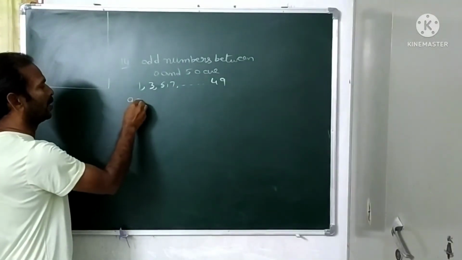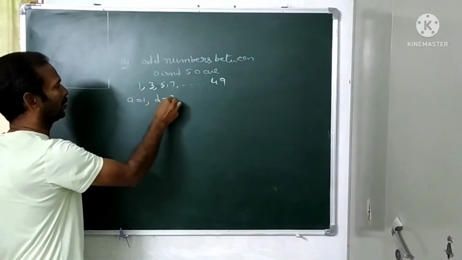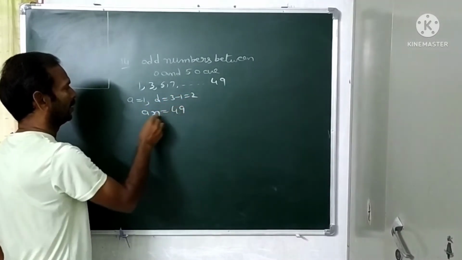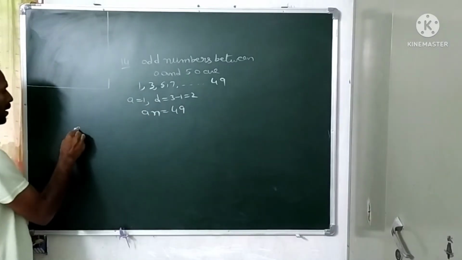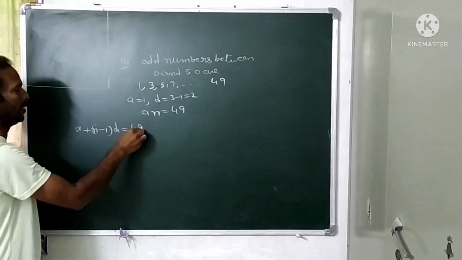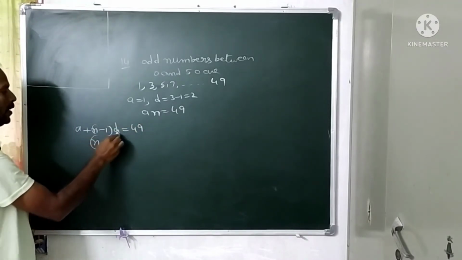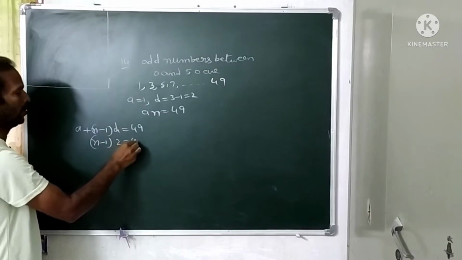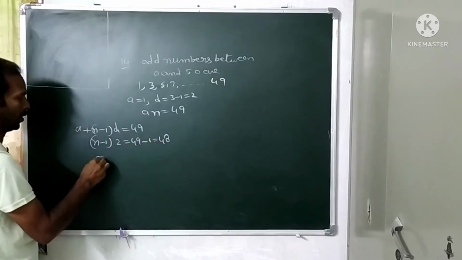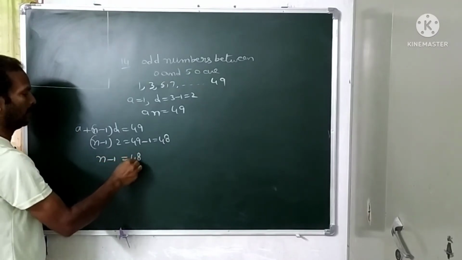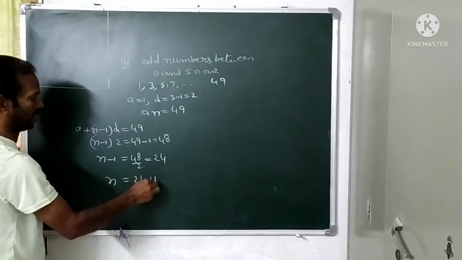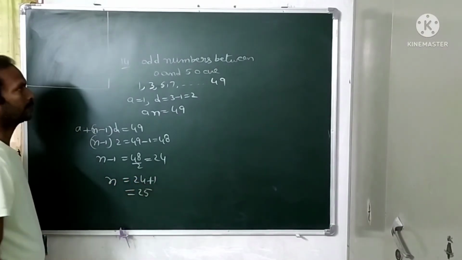Here A is equal to 1, D is equal to 3 minus 1, 2. An is equal to 49. An means A plus n minus 1 into D is equal to 49. N minus 1 into D value 2 equals 49 minus A value 1, 48. So n minus 1 is equal to 48 by 2, 24. N is equal to 24 plus 1, 25.